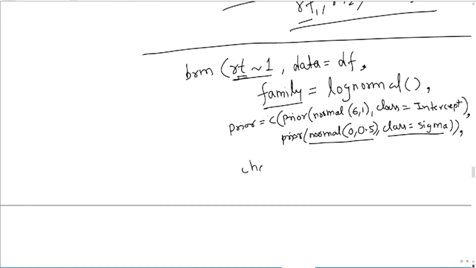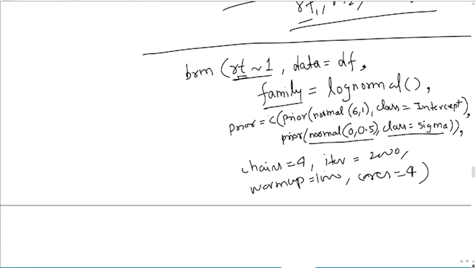Now, if you want, you can define the number of chains equals 4, the number of iterations equals whatever, 4000, 2000, how many iterations you want in each chain. Then define the number of warm up, 1000 or less or whatever, number of cores equals 4. These three things are default values, so if you do not even define them, you will still get these many iterations per chain.